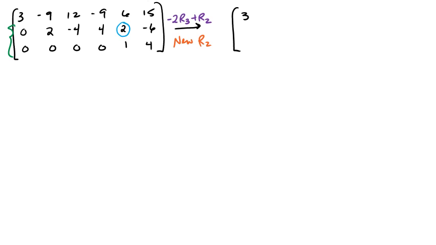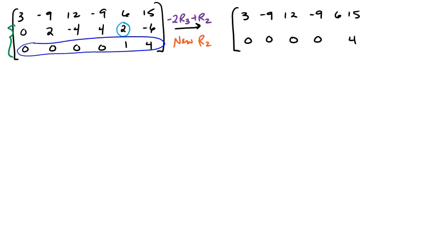So row 1 remains. And row 3 remains. But row 2 changes. So if I multiply row 3 by -2, I get 0, 0, 0, 0, -2, -8.